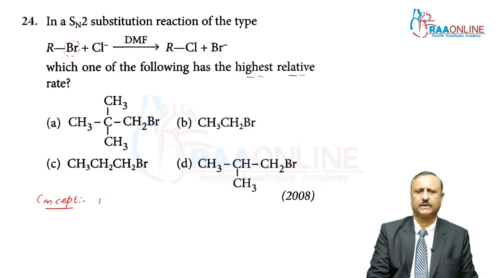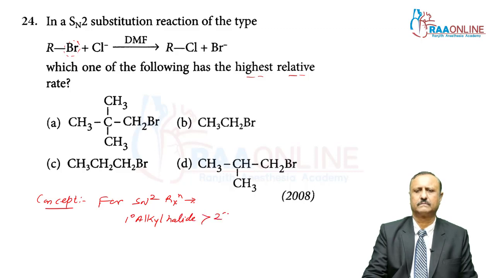For an SN2 reaction, primary alkyl halide is more reactive than secondary alkyl halide, and secondary alkyl halide is more reactive than tertiary alkyl halide.